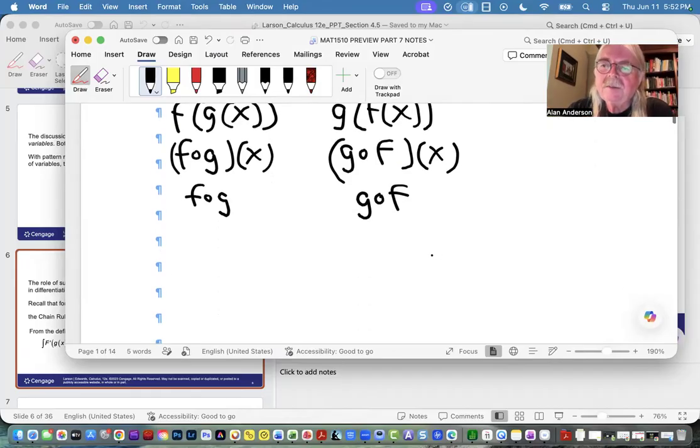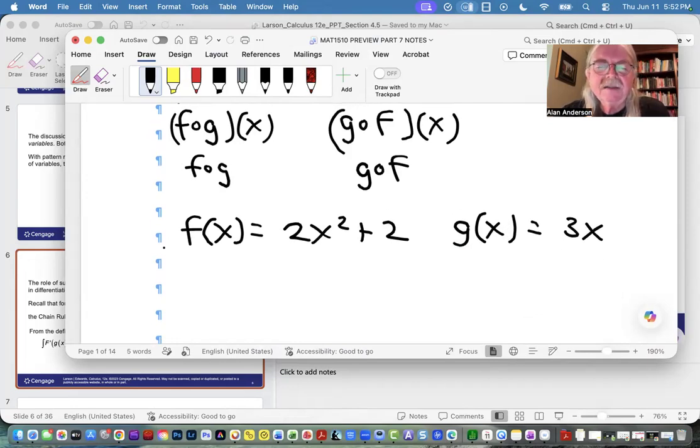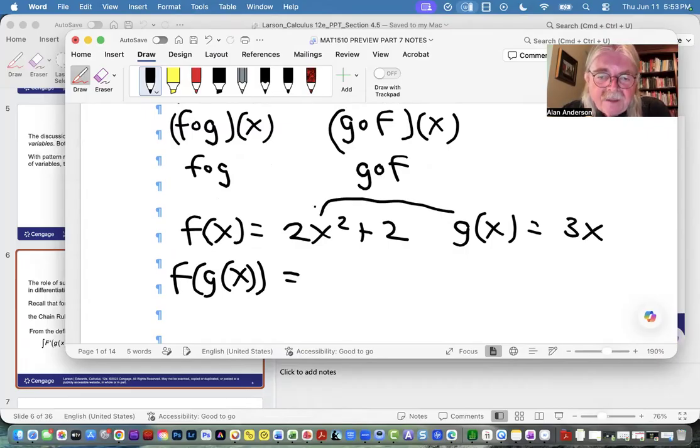How do we actually do this, though? How do we create a composite function? Well, let's look at a quick example. Let's say that f of x is 2x squared plus 2, and g of x is 3x. How would you combine these and come up with f of g of x? The idea here is that wherever you see an x in f of x, you replace it with g of x.